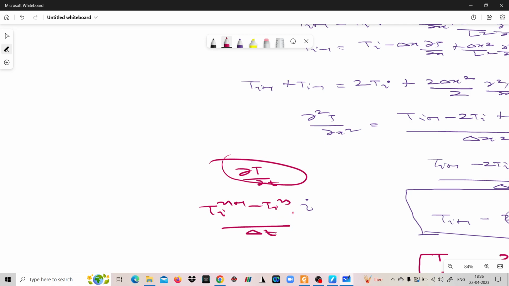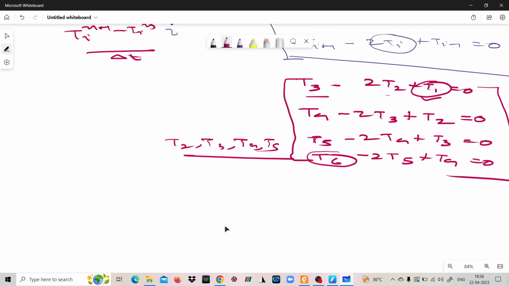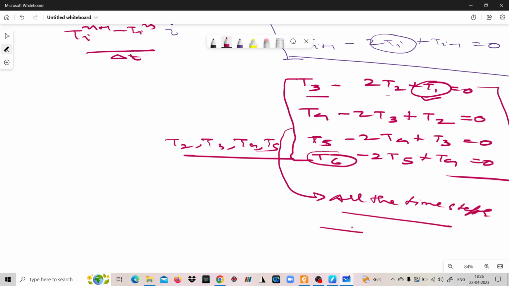It will additionally increase the complexity, because you have to find the solution for each node for all the time steps. So basically you need to solve a system of equations like this for all the time steps, and the results of the present time step will be utilized in the next time step. Okay, so that is how it is done.